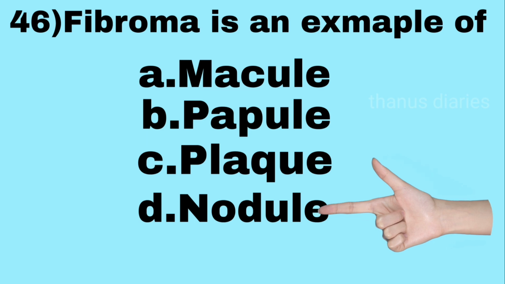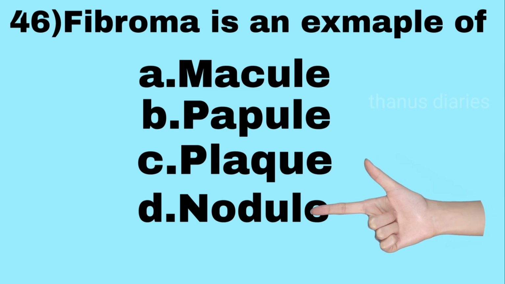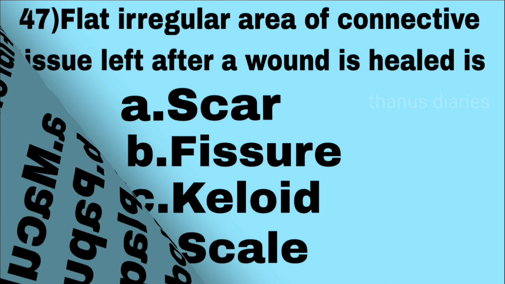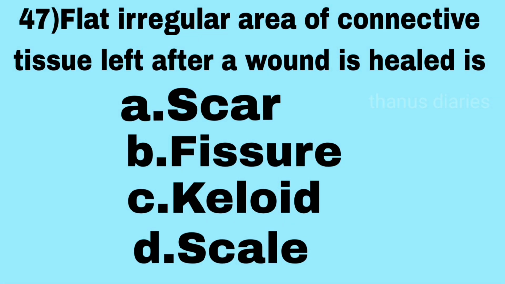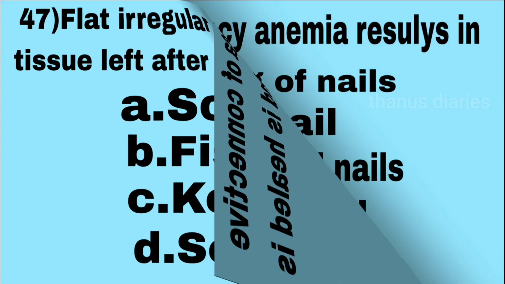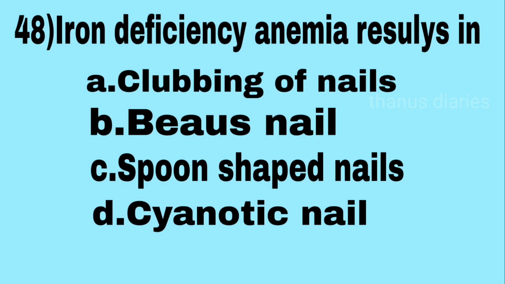The answer is nodule. Flat irregular area of connective tissue left after a wound has healed is: scar, fissure, keloid, scale. The answer is scar. Next question.